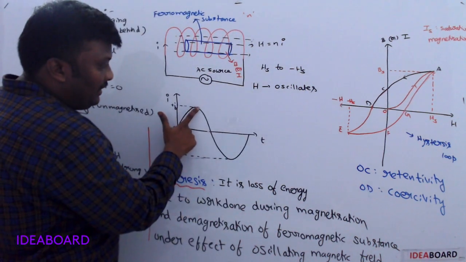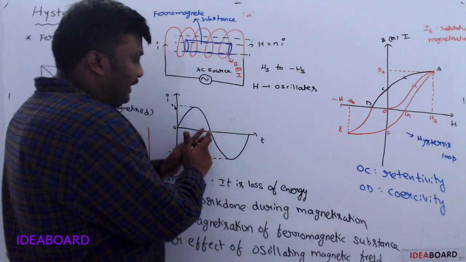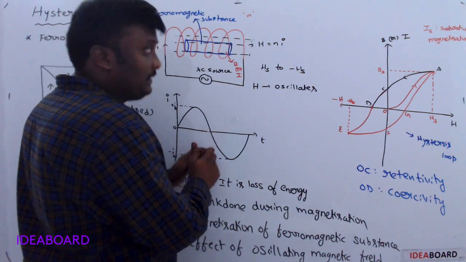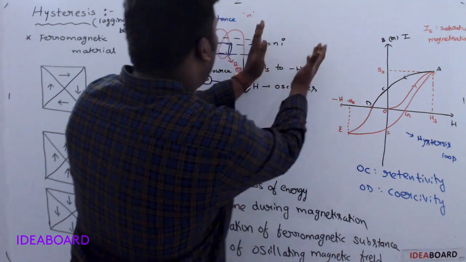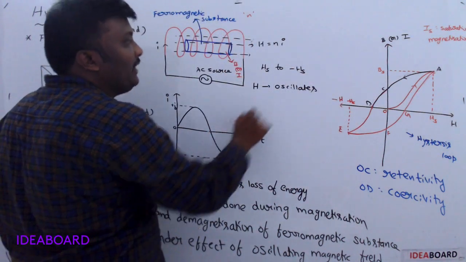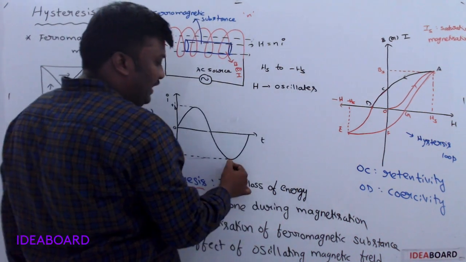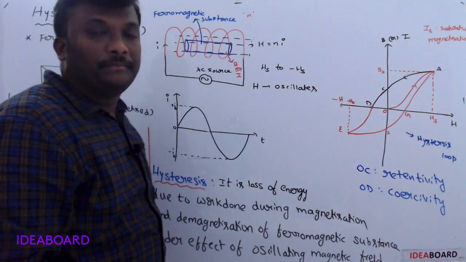After that, H continuously decreases, becomes 0, and the direction of H is reversed. It continuously increases, reaching a maximum value of minus Hs, and again continuously decreases.